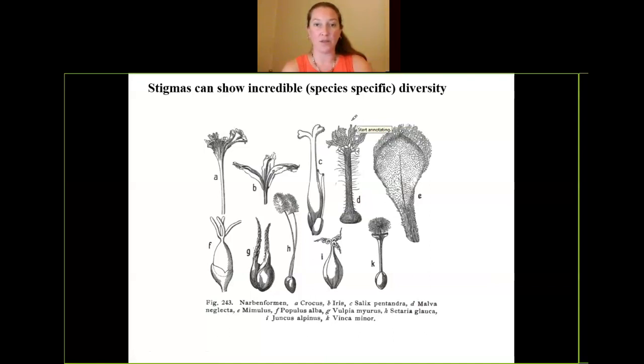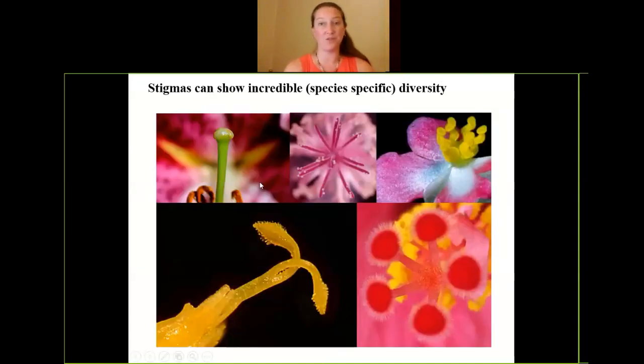Like look, this one at the tip is lots and lots of little pieces. This stigma has two that then divide again. Look at this stigma. Look at this one. So a lot of diversity in stigma shape. Here's pictures so you can see a little bit of it.